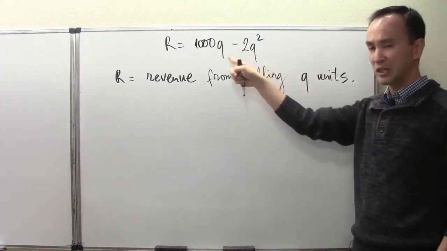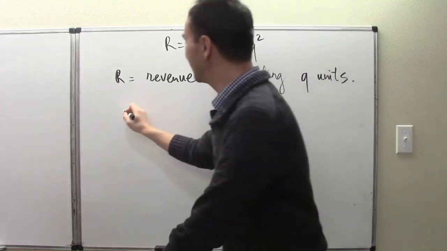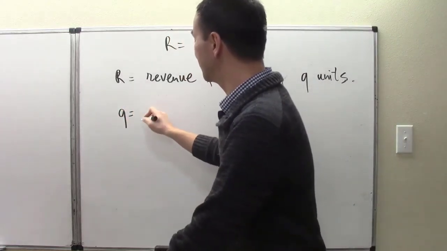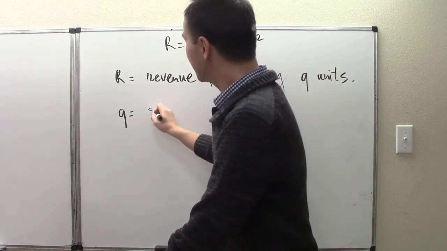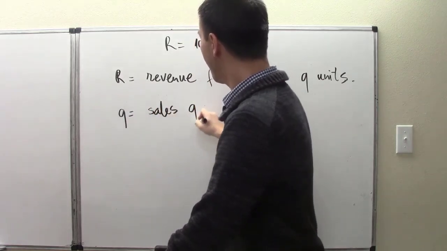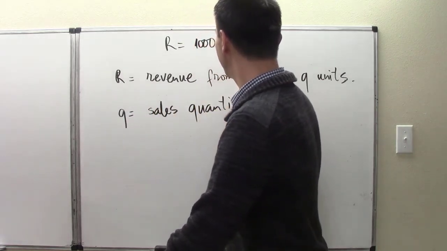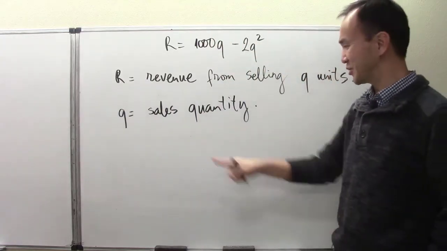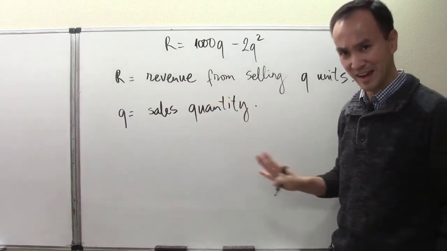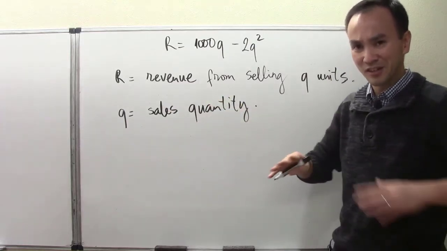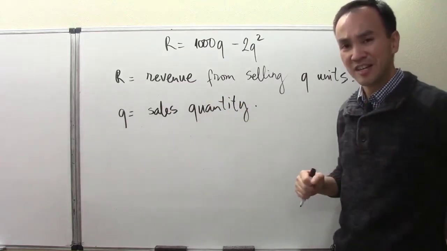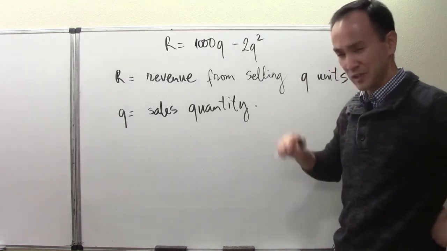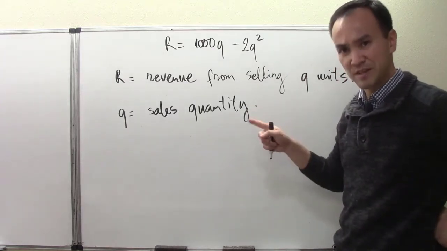That Q variable in our equation is the number of units, or the sales quantity. If it's a company, we're talking about large-scale sales, and I'm using that formal term for large-scale sales. So Q is for sales quantity, the number of units being sold.